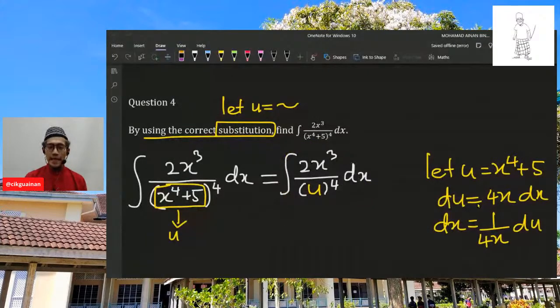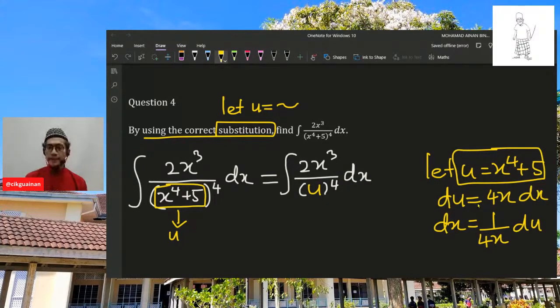No x's left. Get rid of the memory of your x's from your mind. Now we already replaced u over here. Next, what to replace?